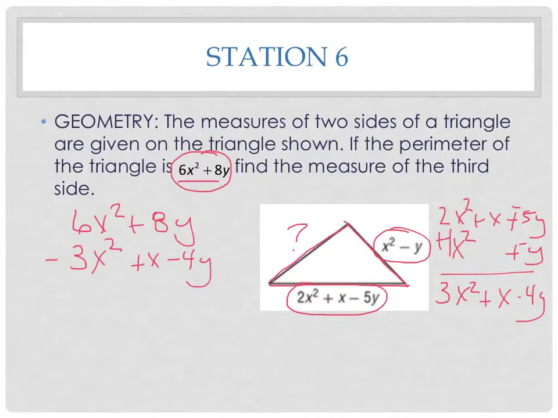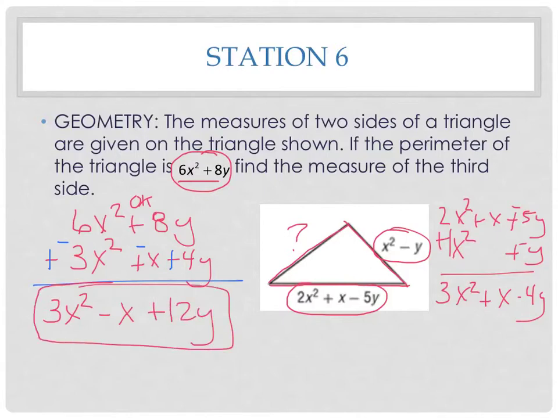Now if you remember, if I'm subtracting, I have to add the opposite of every single term. So in doing that, 6x squared minus 3x squared, or plus a negative 3x squared, is going to be 3x squared. Notice there's a 0x term in here. So 0x plus a negative x, that's still going to leave me with negative x. And 8y plus 4y is going to give me 12y. So that would be then the side of that triangle as a polynomial.